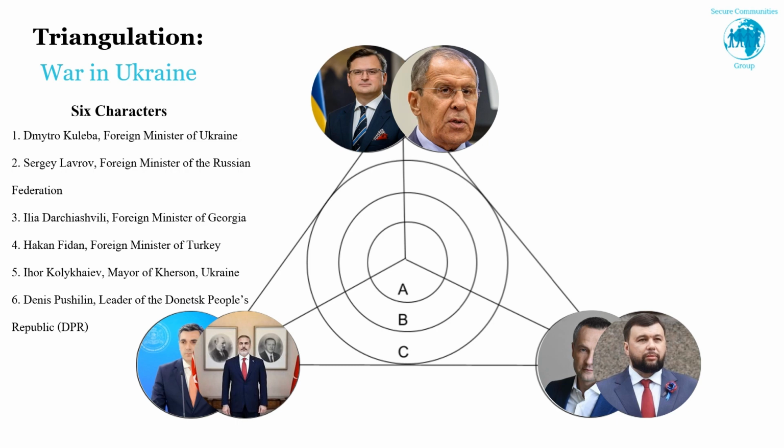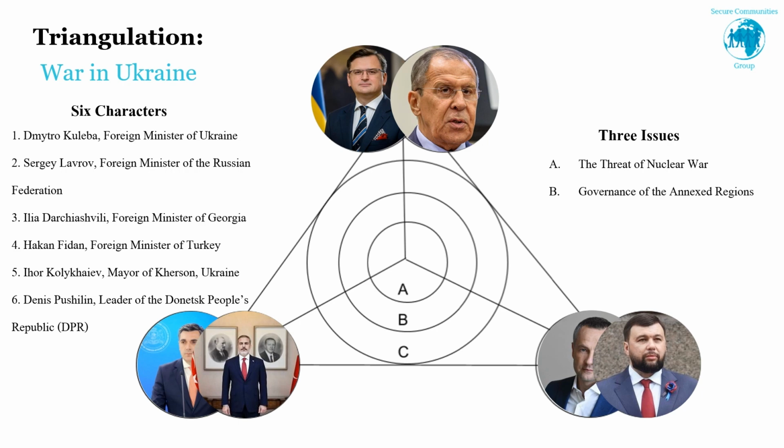With these 6 sides, each of the groups that represents one of these 6 characters must focus on only 3 issues. Issues A, B, and C. Issue A, in the case of Ukraine, is the threat of nuclear war. Issue B is the governance of the 4 eastern regions of Ukraine that have been annexed by Russia.